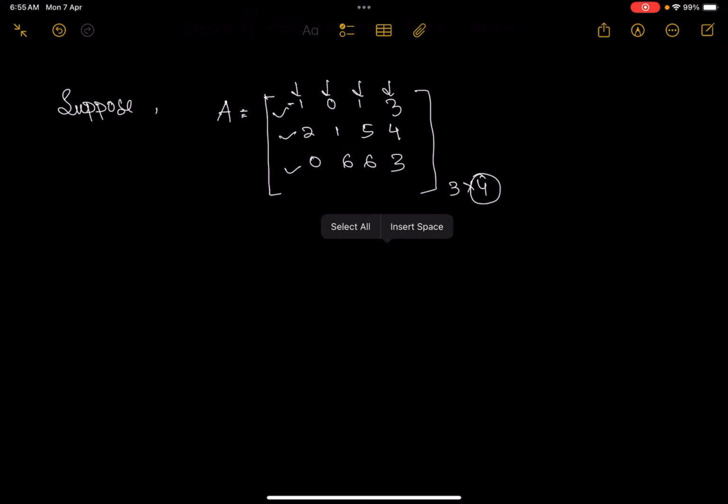So here, at first we find the order of A. Order of A is 3 cross 4. Also, if you find the elements in the matrix, A of 1 1 is -1. A of 3 3: we go to the 3rd row and 3rd column position.